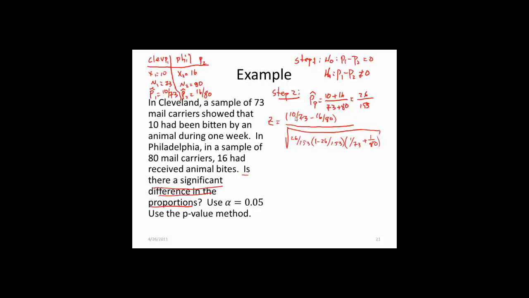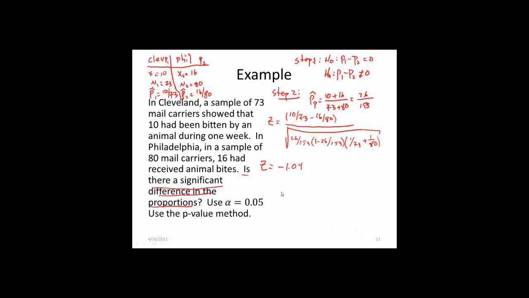And again, up here, it's p hat 1 minus p hat 2, minus P1 minus P2 under the null, but under the null, we know that P1 minus P2 is equal to 0. So that's why on this slide I didn't enter that one in there. Is everybody okay with that? Okay. All right, so when we compute this, I get z equals negative 1.04.